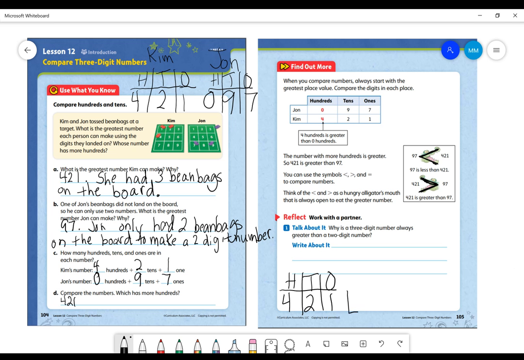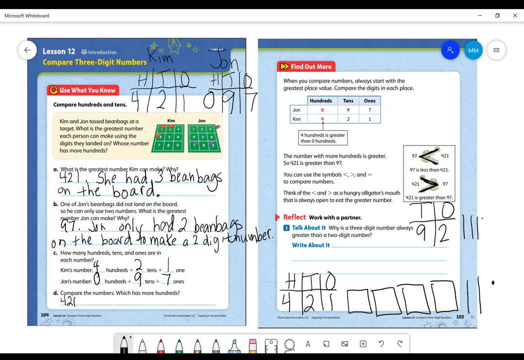If I were to draw that, I would have 4 hundreds, 2 tens, and 1 one. If I were to compare that to 97, so 97 is a 2-digit number, that would be 9 tens, 1, 2, 3, 4, 5, 6, 7, 8, 9, and 7 ones.